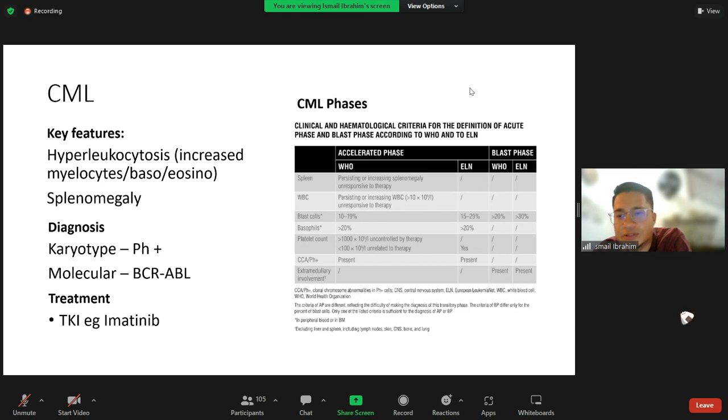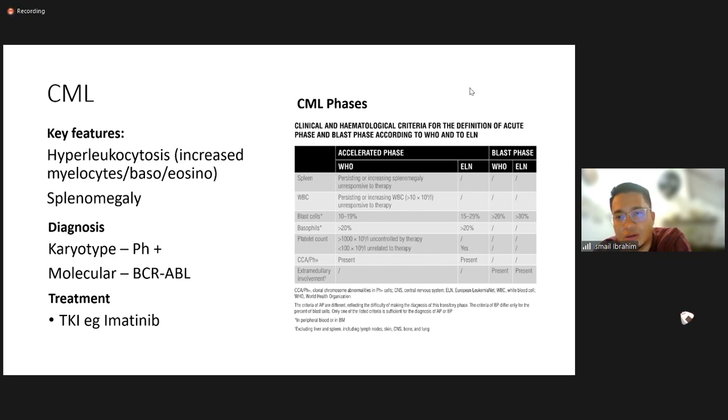The key point about diagnosing CML is looking at the translocation t(9;22) by using karyotyping. So we can identify the Philadelphia chromosome, or we can do a FISH or cytogenetic test called fluorescent in situ hybridization to identify the t(9;22) translocation.